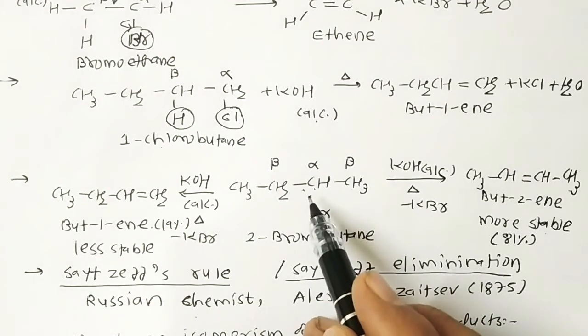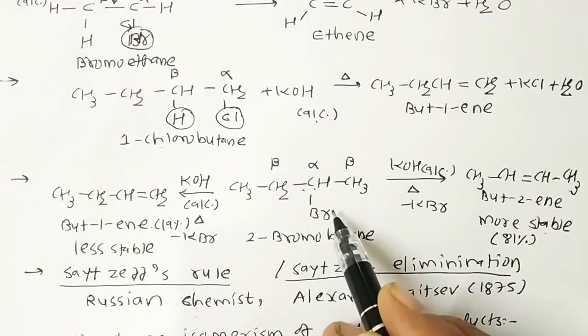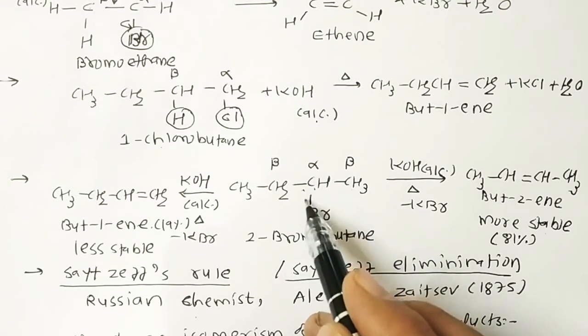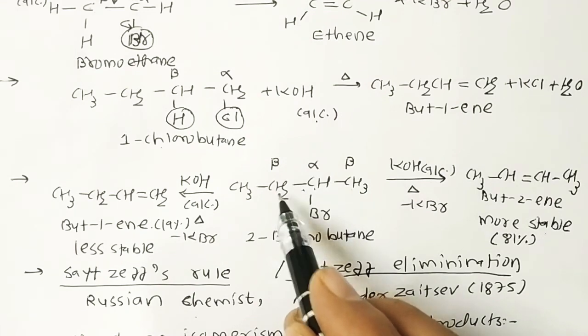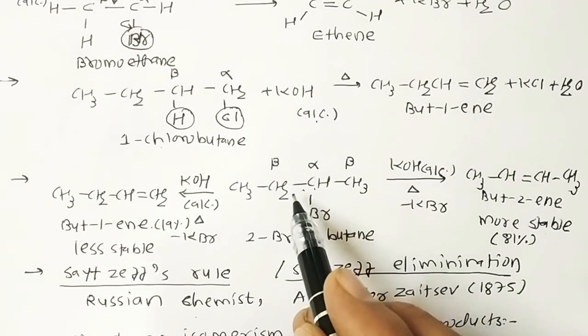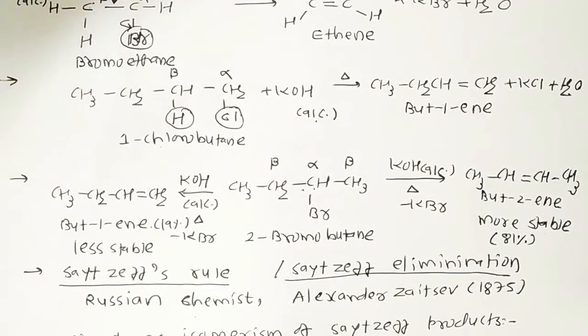If we remove bromine from the alpha carbon and a hydrogen from the beta carbon, definitely there is a secondary carbocation. So how many hydrogens are on these sides, and they form an unsaturation between alpha and beta. Now what is cis trans isomerism?